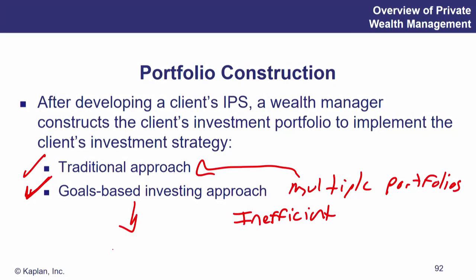Other thing I want you to think about: private wealth clients, we think about goals-based investing. We typically don't think about this in institutional investing. There is some of this going on, but it's very small. It's mentioned in the literature a little bit, but for goals-based investing, I want you to think about private wealth clients, okay?